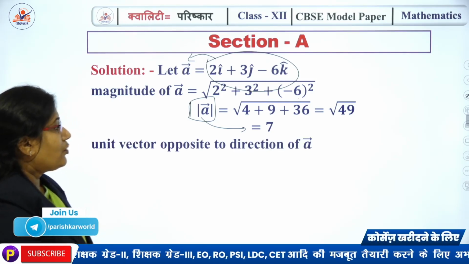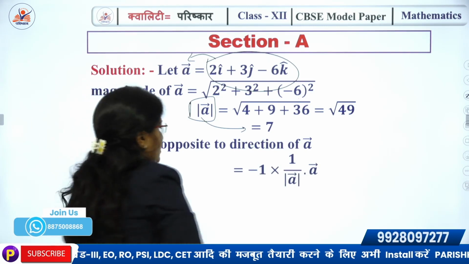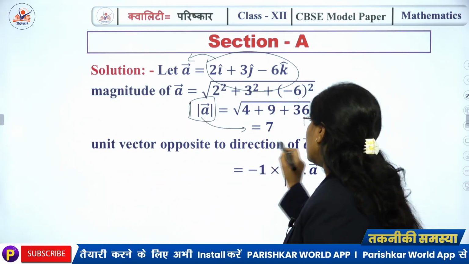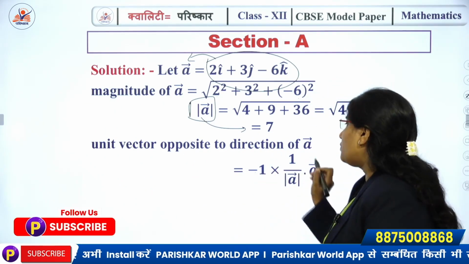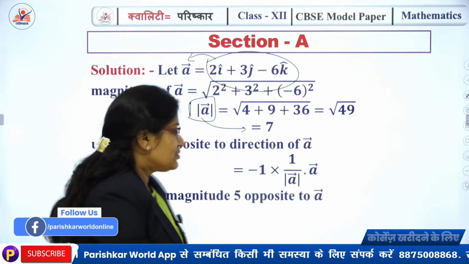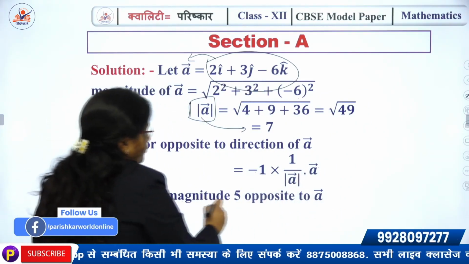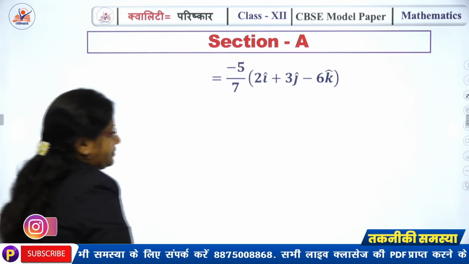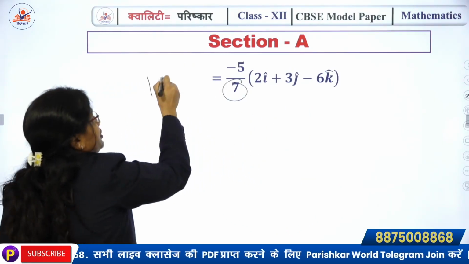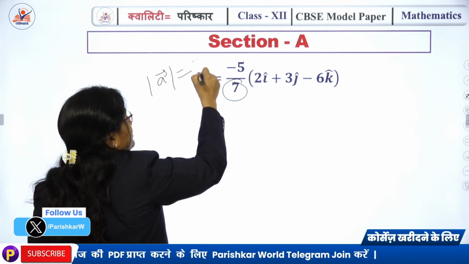The unit vector opposite to the direction of A vector is equal to minus A vector upon magnitude of A vector. This is the formula. We have been asked for the vector with magnitude 5 opposite to the A vector, which is minus 5 upon 7, because the magnitude of A vector we calculated is 7.